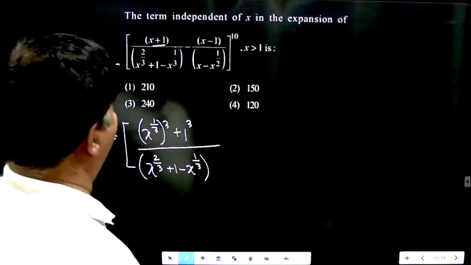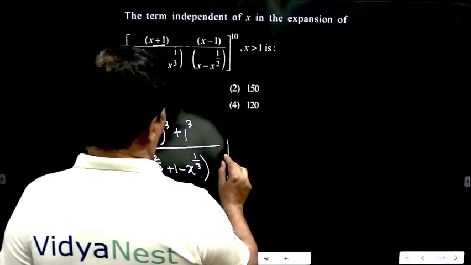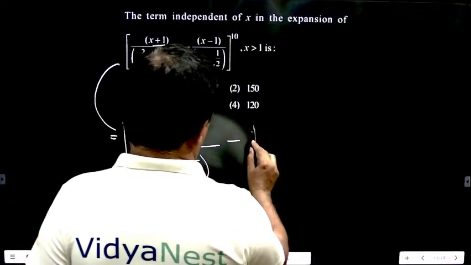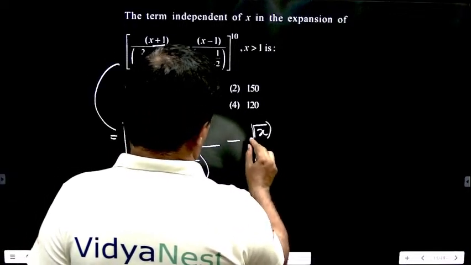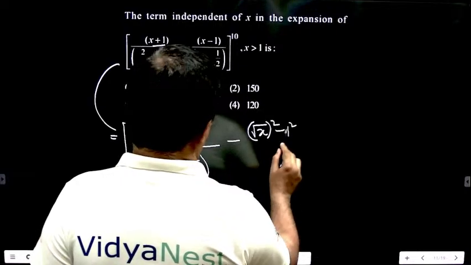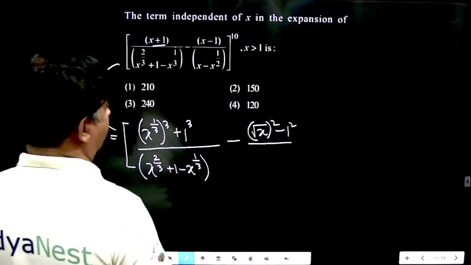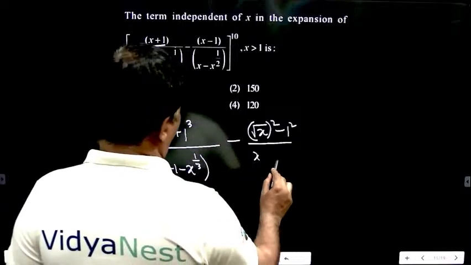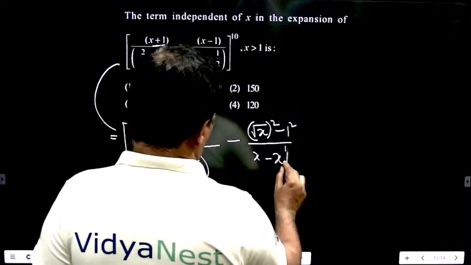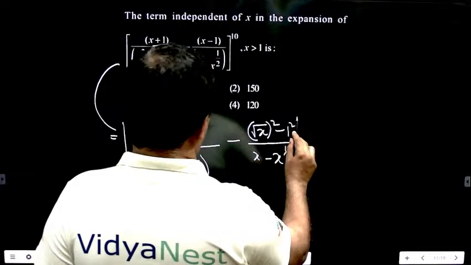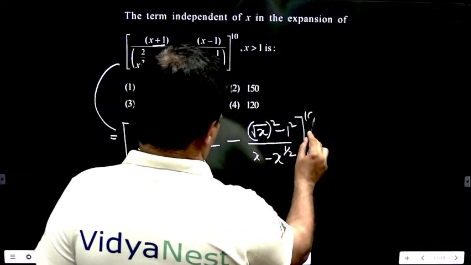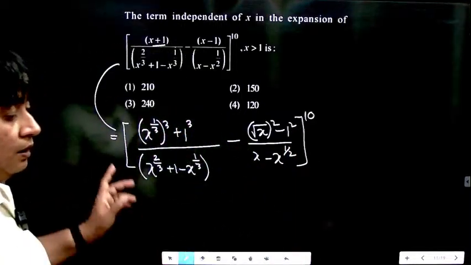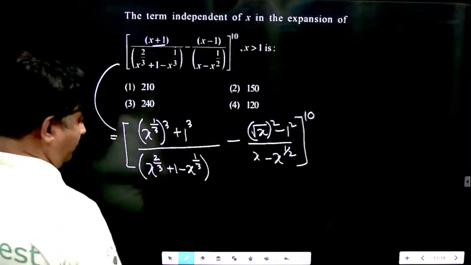And in the denominator, I can write the a cube plus b cube formula.